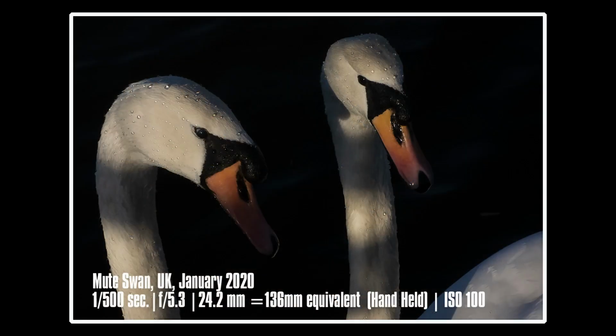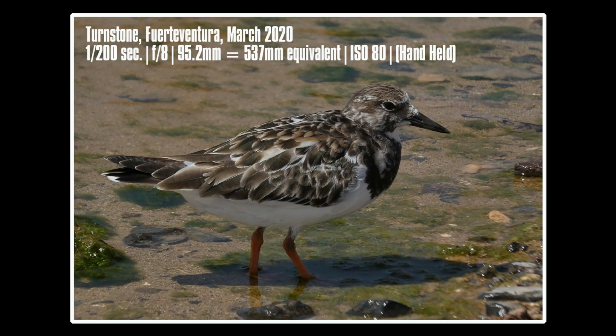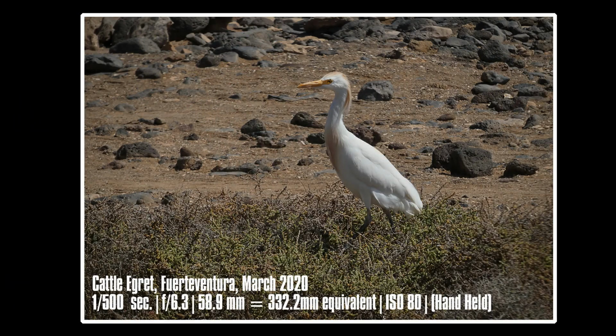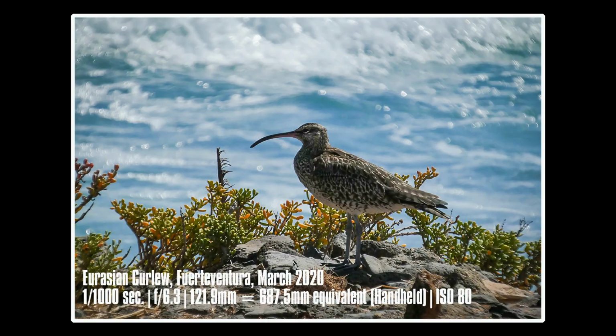I've found it quite difficult to actually shoot wild animals in the UK, whereas when I went on holiday to Fuerteventura, the animals were quite used to people, or maybe they're just left alone by people, so they're not scared at all. Such bird species like the curlew, which I took a shot of, I could get within sort of 20 feet of that animal and it wasn't bothered by my presence, which in the UK I think it would have flown off.